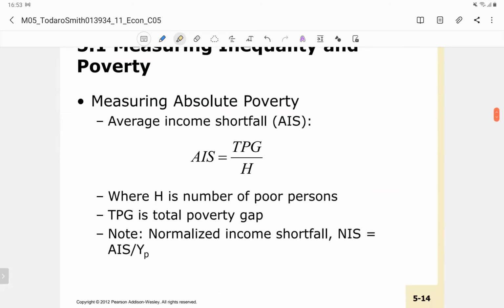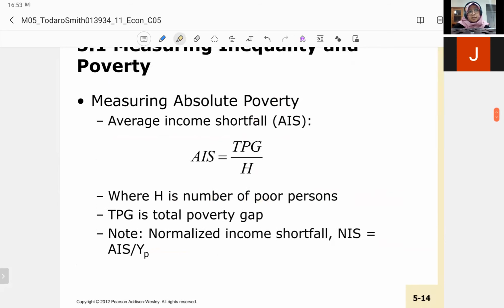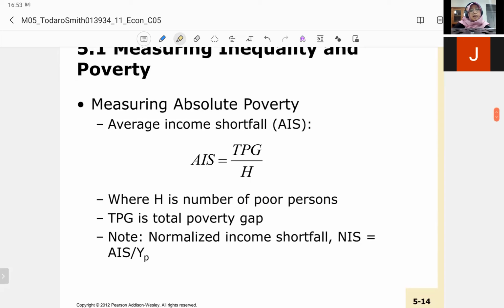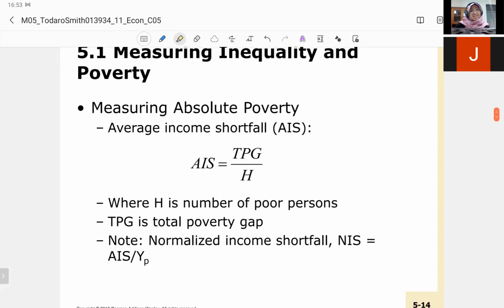And then we also have the average income shortfall, or AIS here. The average income shortfall, or AIS, is the total poverty gap divided by the headcount of the poor. The AIS tells us by which amount the income of a poor person falls below the poverty line. So the distance between a poor person's income and the poverty line is the average income shortfall.